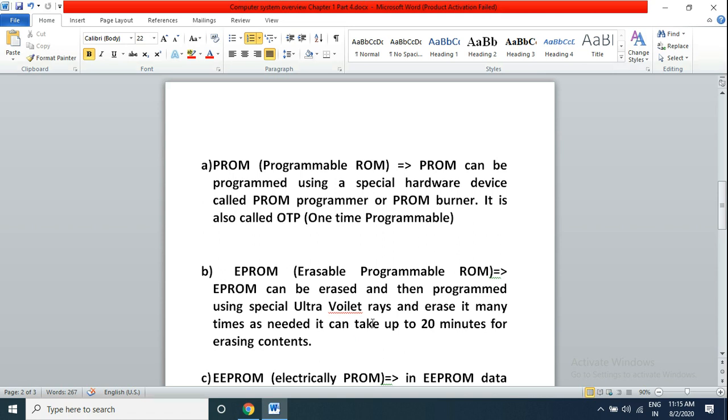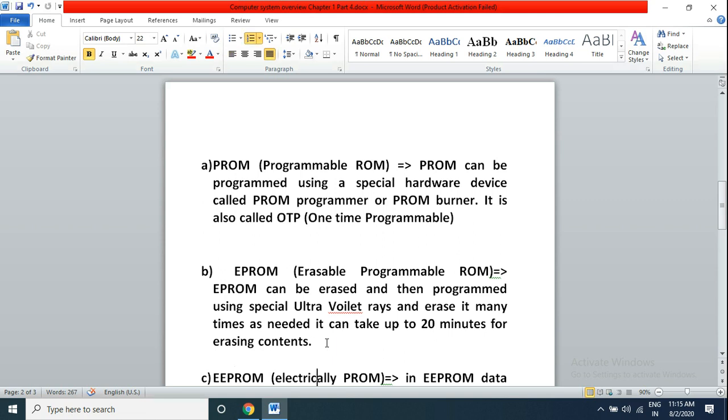It can take up to 20 minutes for erasing contents. In EPROM, data is erased by special rays known as ultraviolet or UV rays. Generally EPROM deletes all the content.